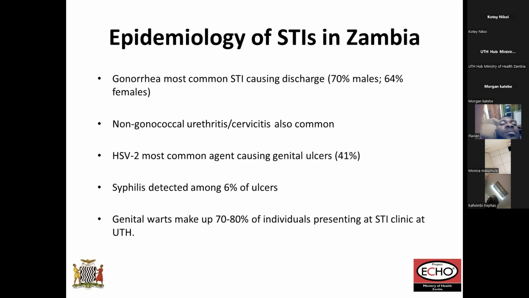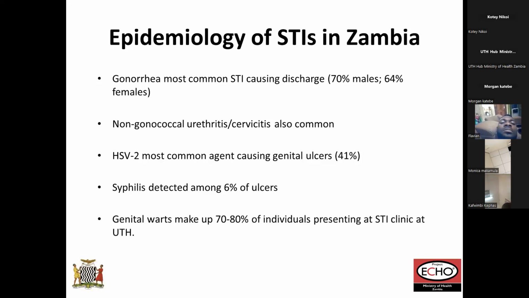So as regards Zambia, gonorrhea is the most common STI, as I've just said. Among males, it accounts for 70%, and females 64% of the genital discharges. A recent study also found multiple non-gonococcal urethritis agents, like Ureaplasma urealyticum, that would cause a urethritis or cervicitis.